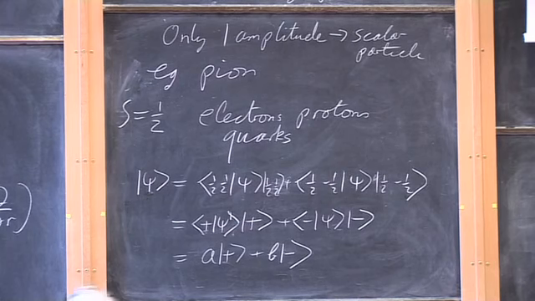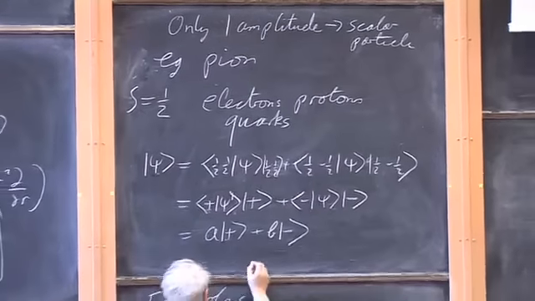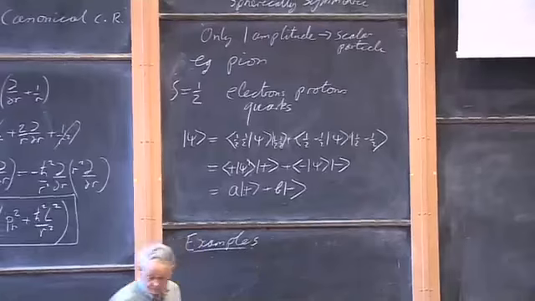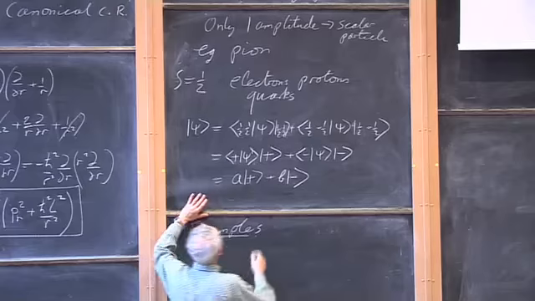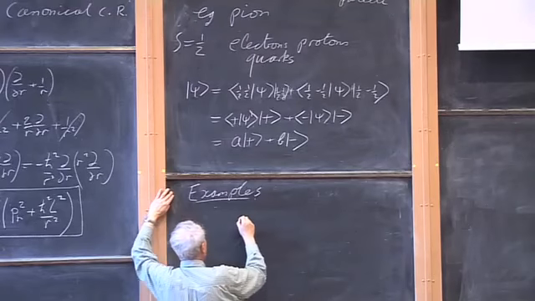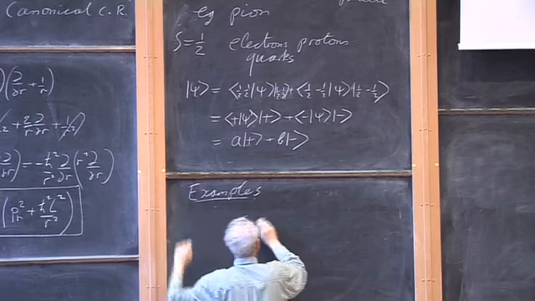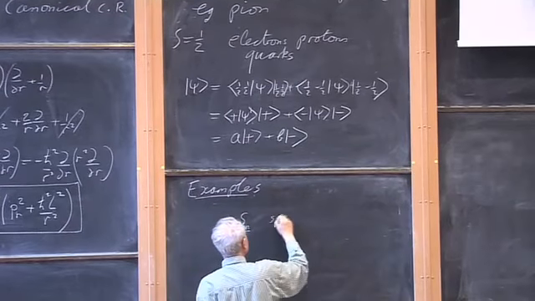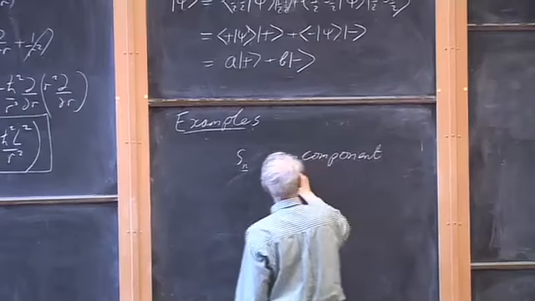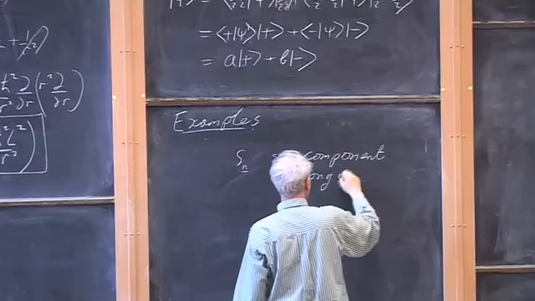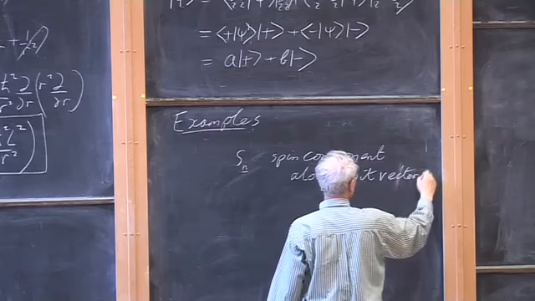So let's do some stuff with spin-a-half particles. If I take an arbitrary spin operator, so let that be the spin component along the unit vector n.